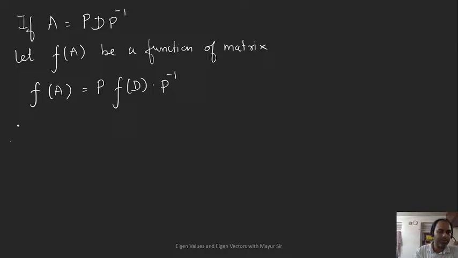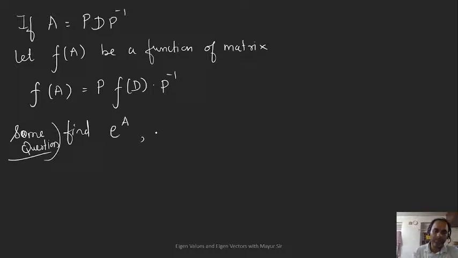So suppose you are asked, now see, what did we see right now? We saw that A raised to k is a function of A, right? Same way there can be questions like, find, like you can get in exam, find e to the power A, or say cosine of A. Now cosine of a matrix and e power a matrix, you have never seen how a matrix goes in the power and what does it give, right?